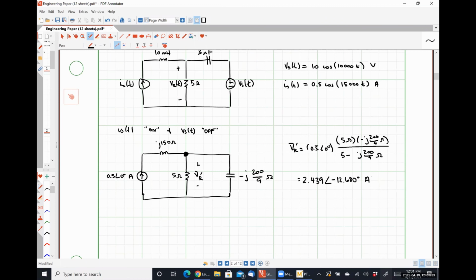Is it weird that the current here appears larger than our input current? It looks odd, but that's perfectly reasonable because we've got a large capacitor that we're taking into account.